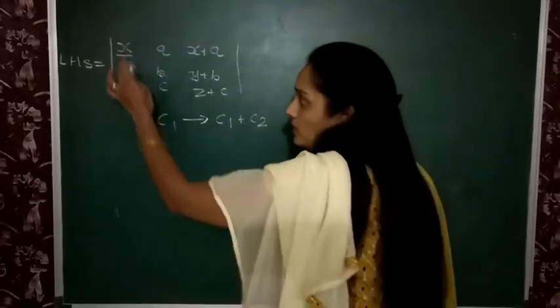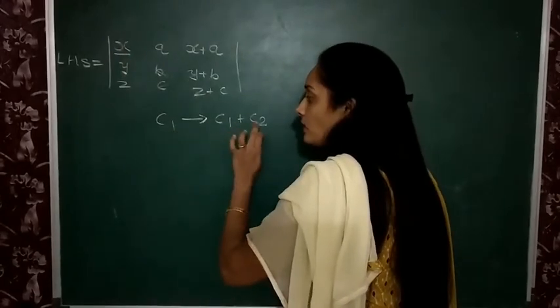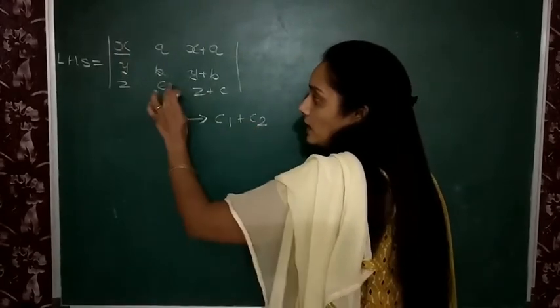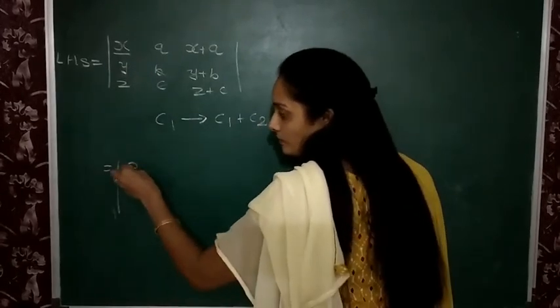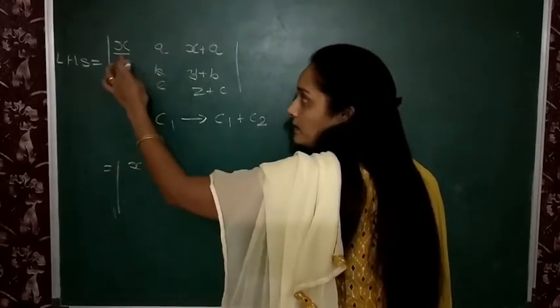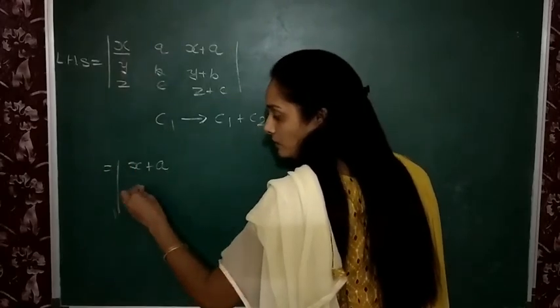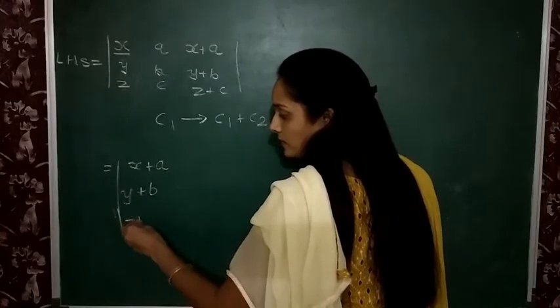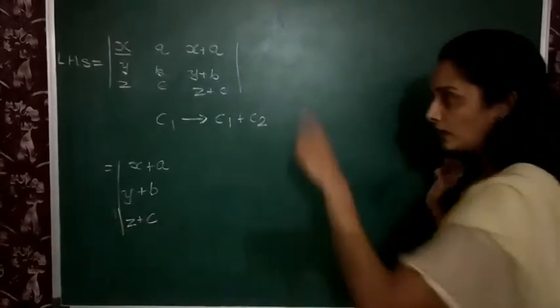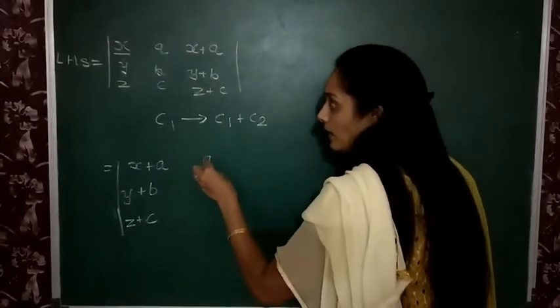That means the C1 column becomes C1 plus C2, so we add the second column to the first column. So our determinant becomes x plus a here, y plus b here, and z plus c here. The second and third columns are as they are.